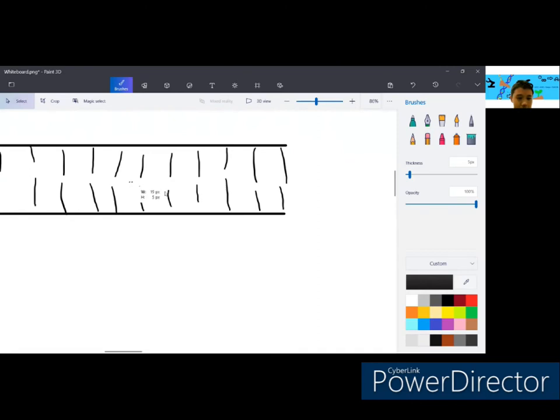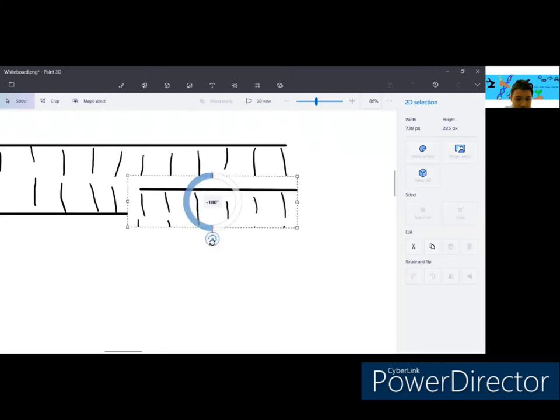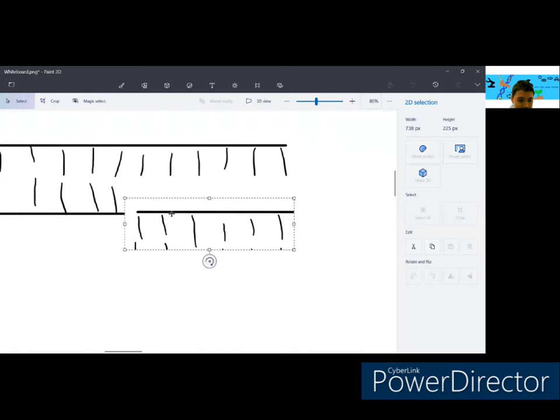What the DNA polymerase is going to do is it's going to take these, and it's going to flip them around. Not precisely like this, but, yeah, you get the idea.